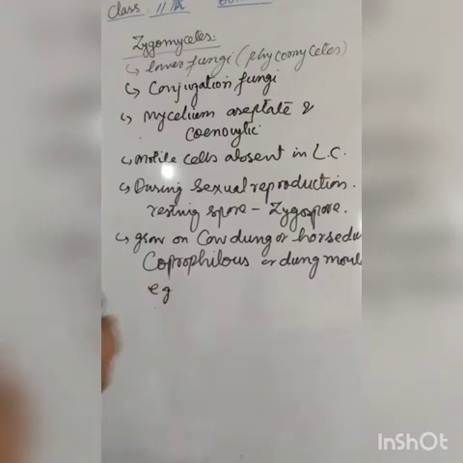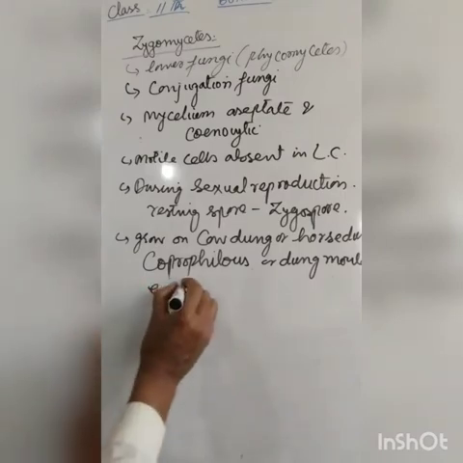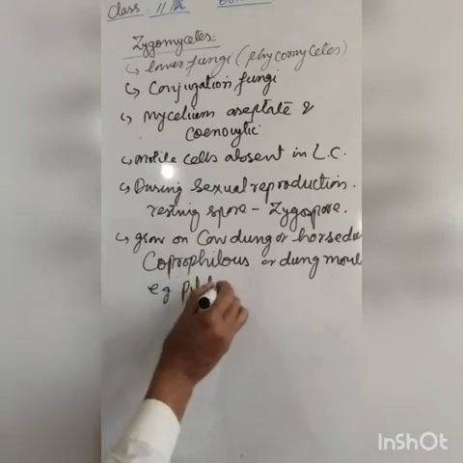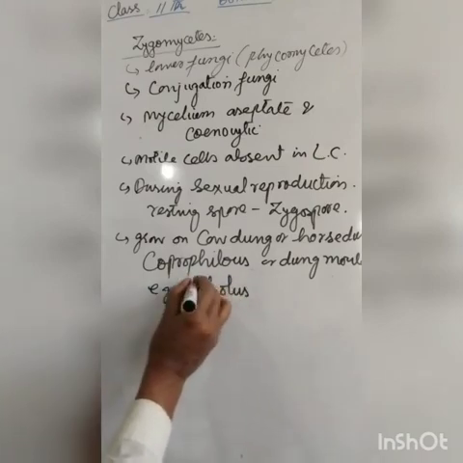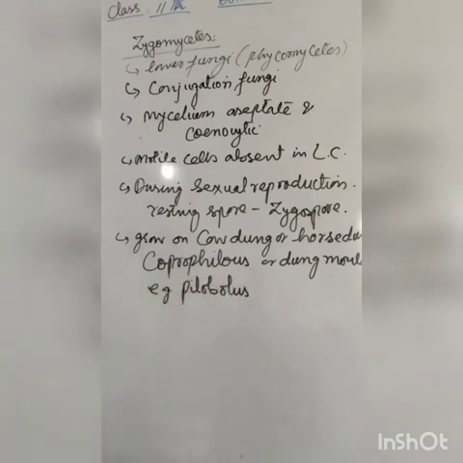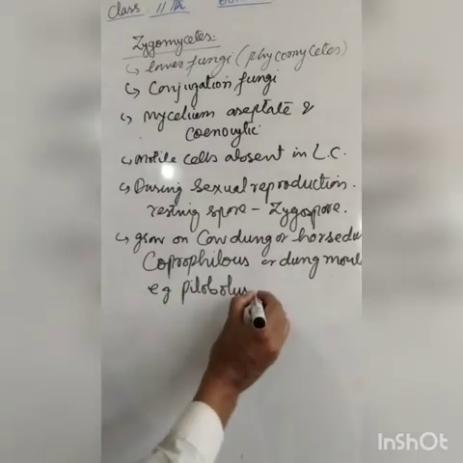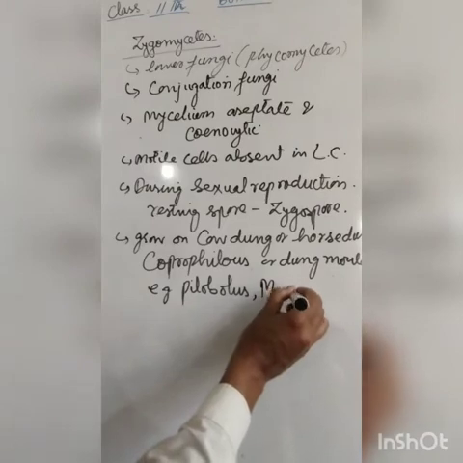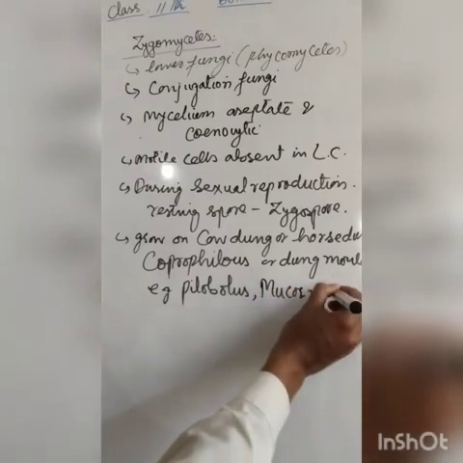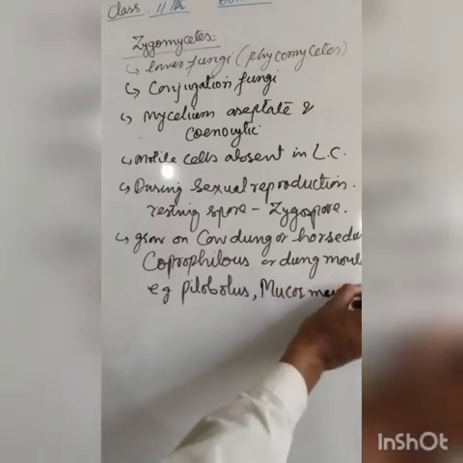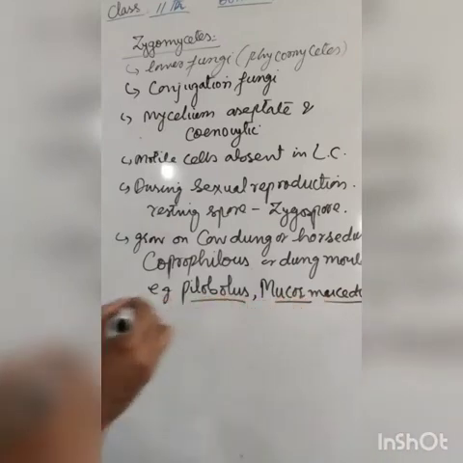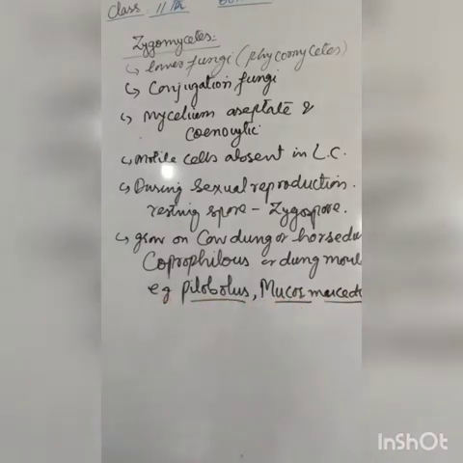For example, there is one Zygomycete named Pilobolus. It is coprophilous, and there is Mucor. These are coprophilous, or dung molds.